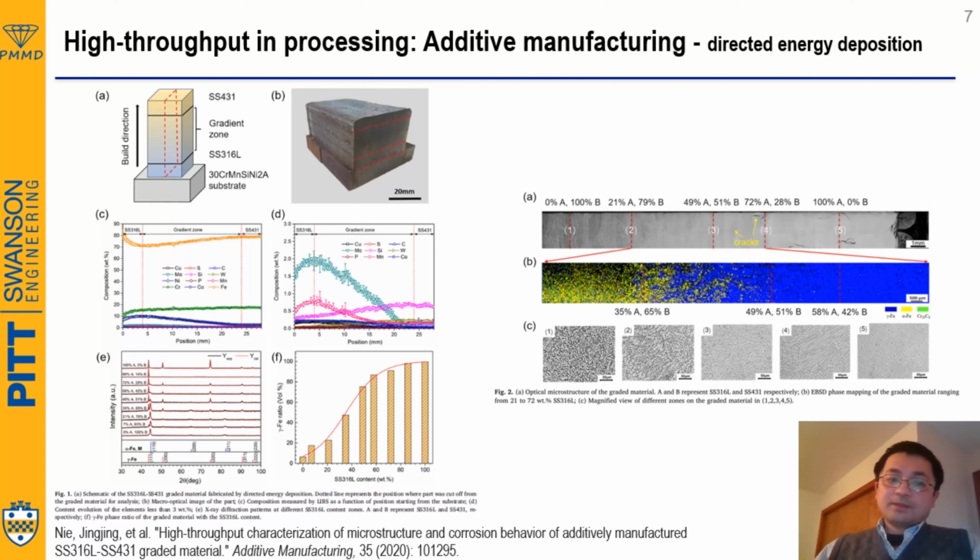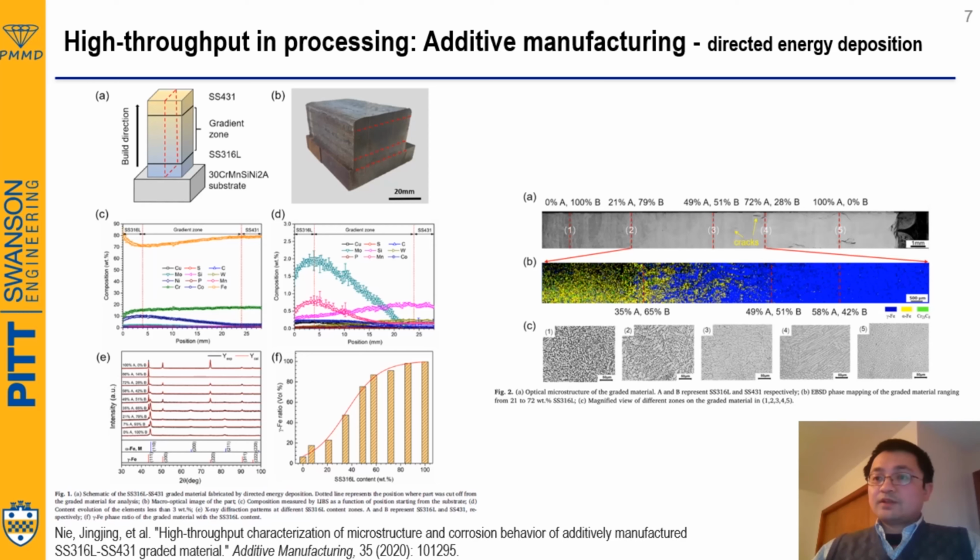Another case that people also tried a lot is so-called graded alloy deposition, or sometimes we call it functionally graded alloys. This is a DED application as well. Basically, you have a substrate, you deposit one type of alloy, and in between, for example, look at this figure A, you have a gradient composition zone.